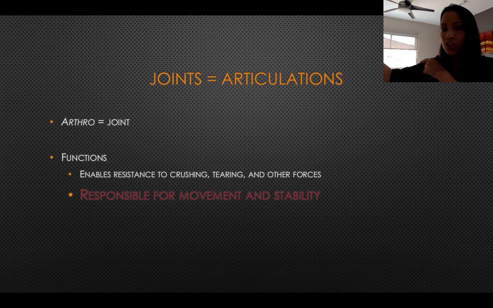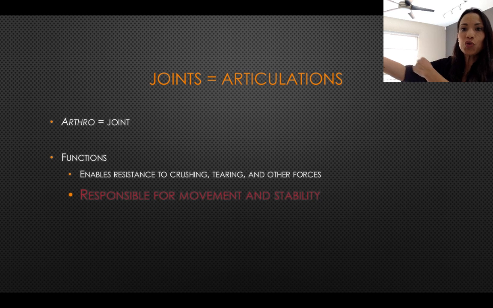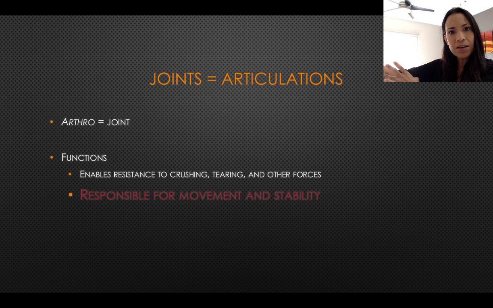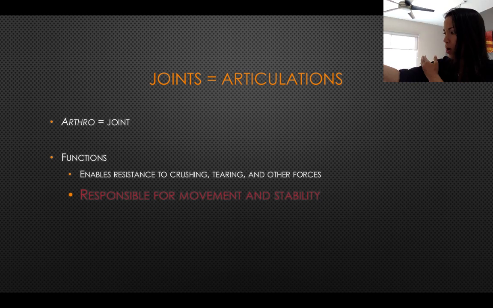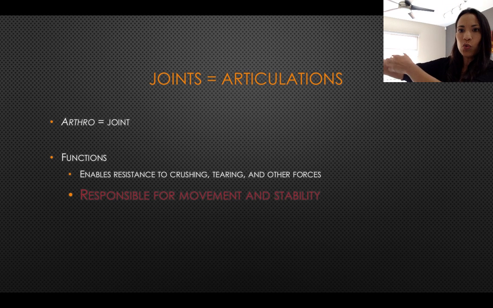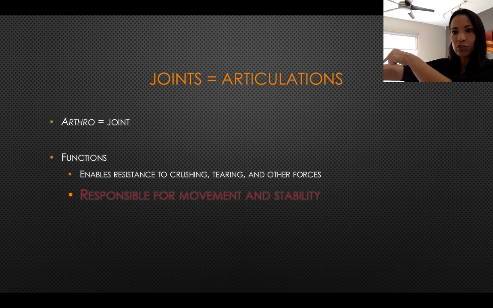So the muscles need to cross the joint from one bone to another bone. When this muscle contracts, let's imagine that I'm describing the biceps, it is going to cross the elbow joint and attach to the radius. So when it contracts, it can bring the forearm closer to your arm.